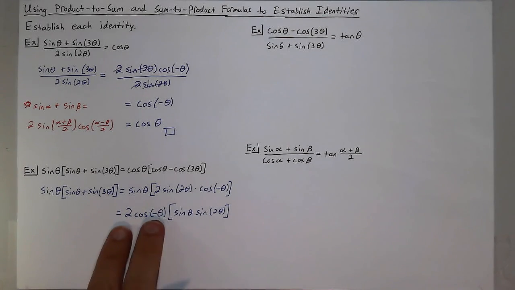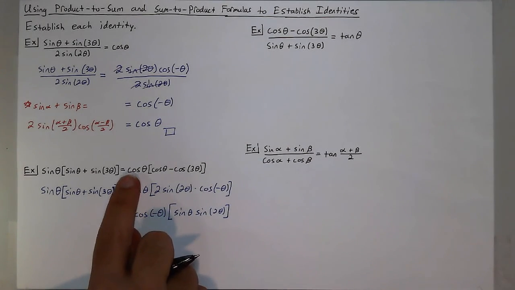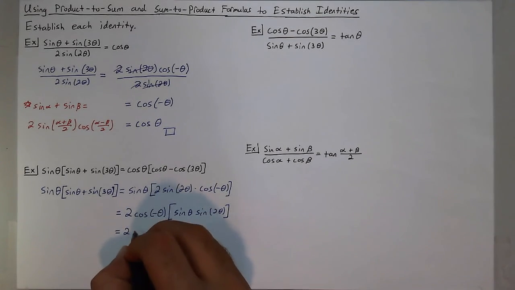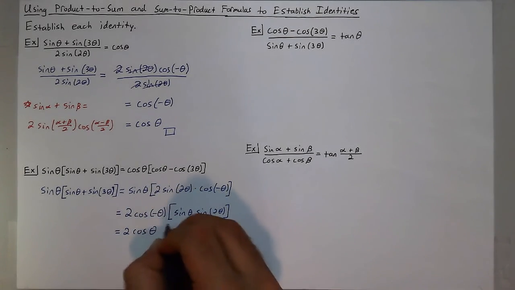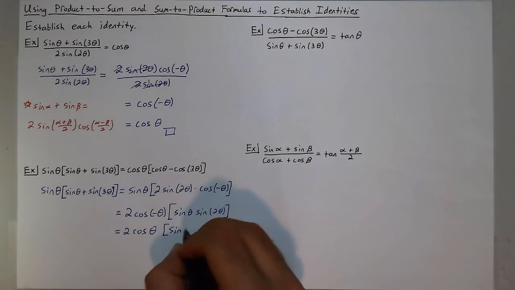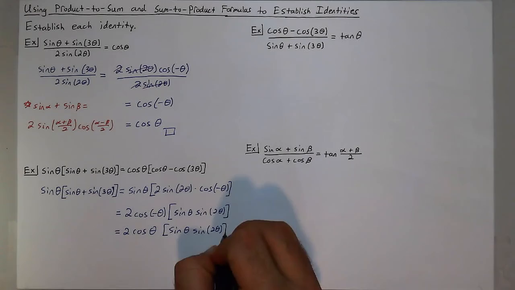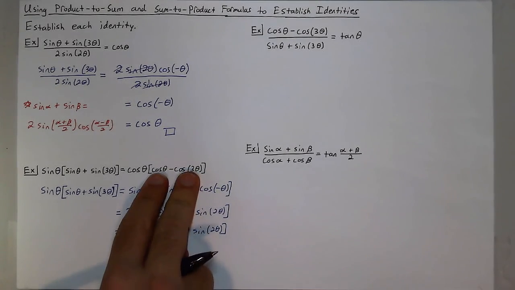But this isn't a cosine of theta, but cosine is an even function, so I can write that as 2 cosine of theta instead. But now this does not match the inside of this, so we'll have to use another formula.